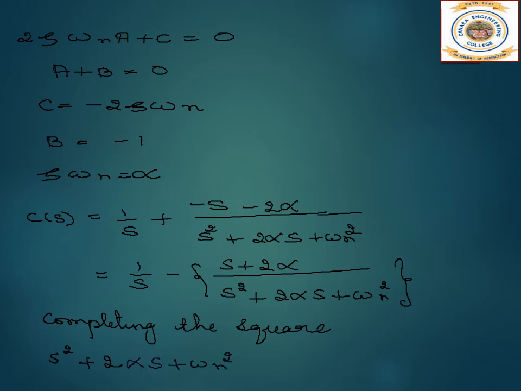So how do we complete the square? See here, (a plus b) the whole square is a square plus 2ab plus b square. The same thing here: we have s in the place of a and alpha in the place of b. So here I have to take plus alpha square minus alpha square.